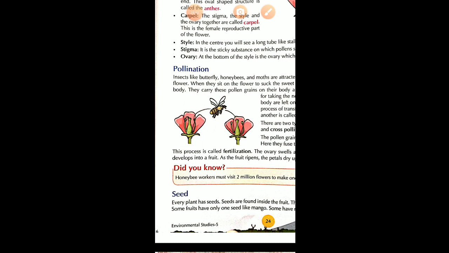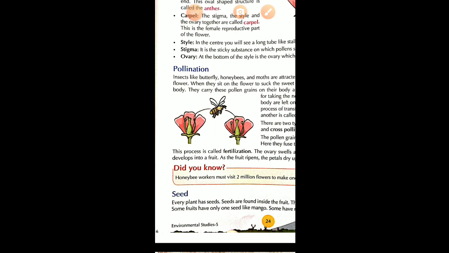Is it clear? Now what happened to the ovary surrounding the ovules? The ovary surrounding the ovules develops into a fruit. And what does the fruit contain?